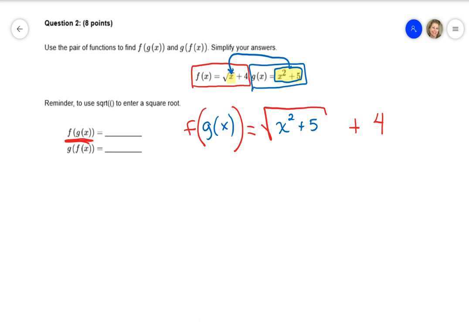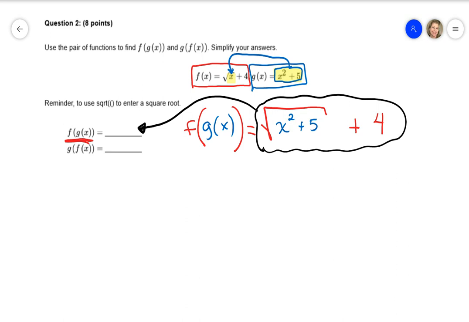So, as ugly as that is, this mess is my answer, which is what I'll type right in here in Mobius. I have found that in Mobius, it is much easier not to type it this way. If you look off to the side, there'll be a little box with a little sigma symbol.